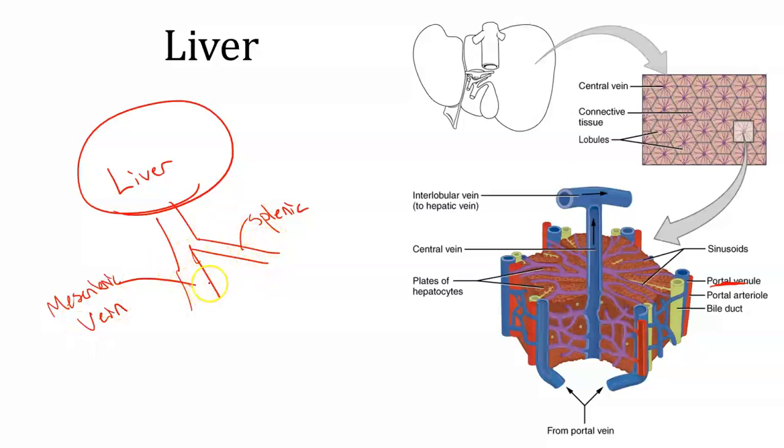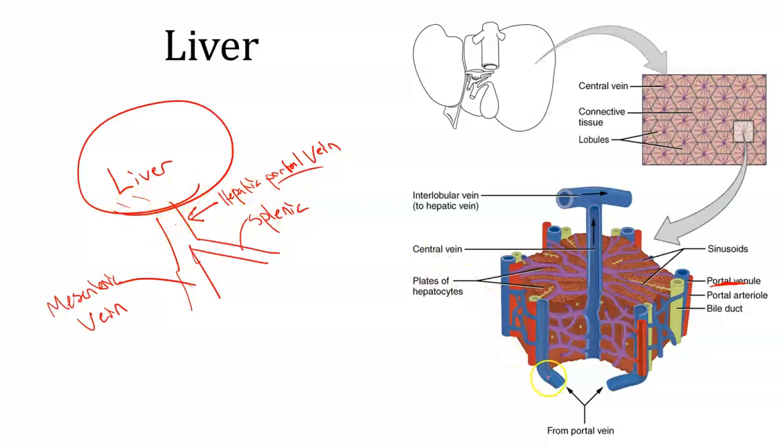But in essence, all of the blood that's collected from the viscera gets gathered into this one vessel, which is known as the hepatic portal vein.